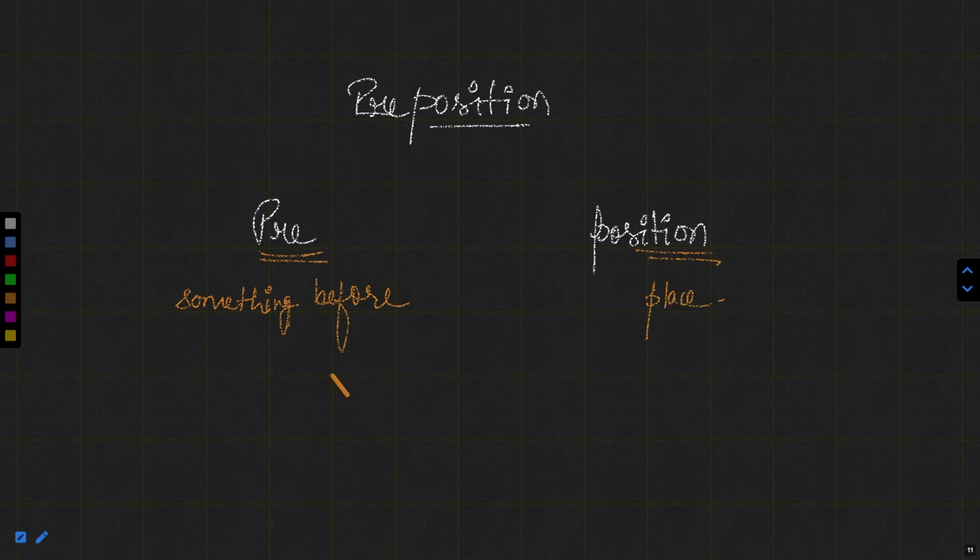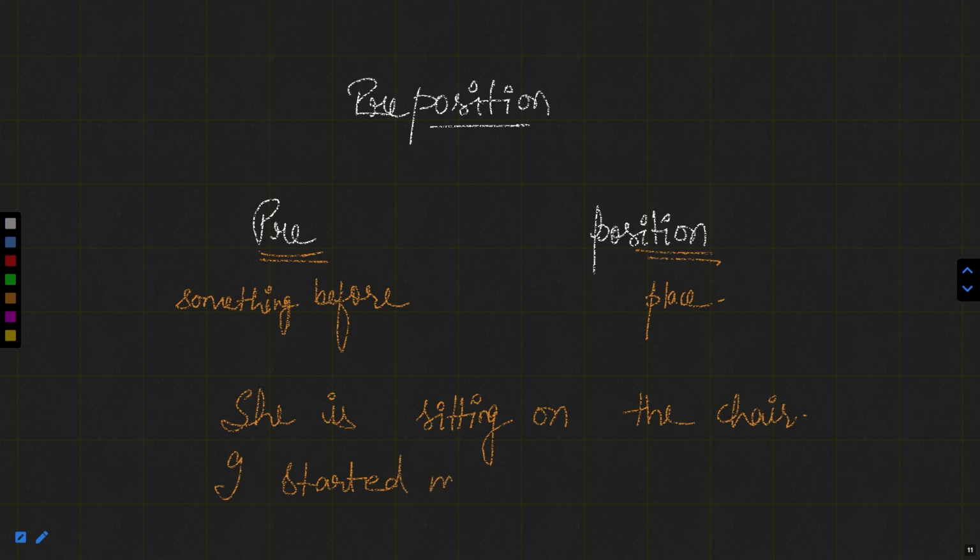Now if we talk about prepositions, for example, if I say she is sitting on the chair. Okay, one more example, let me take. If I say I started my journey at 10 o'clock.